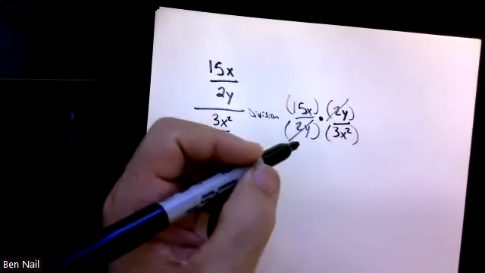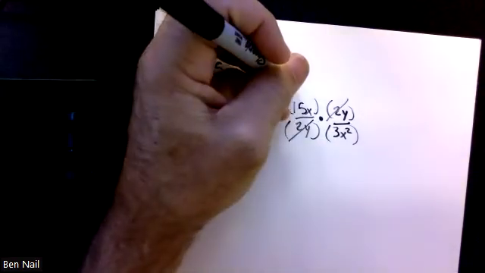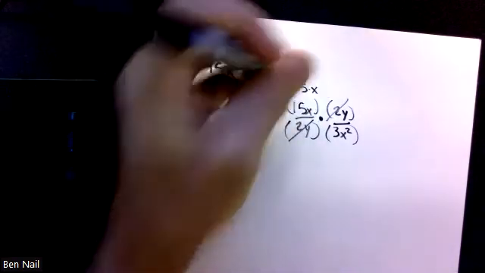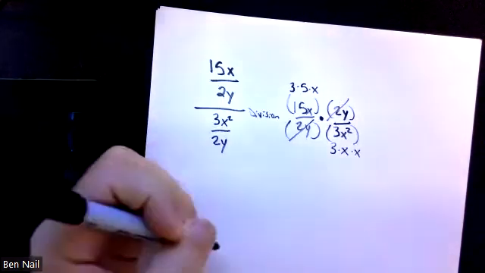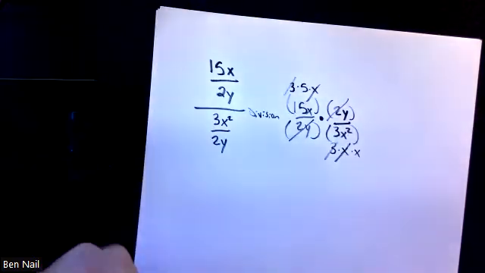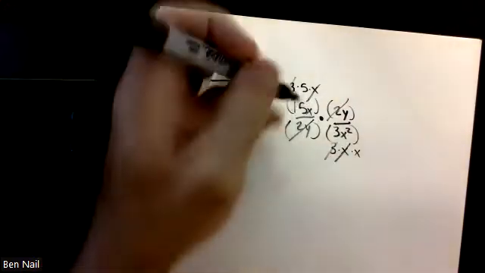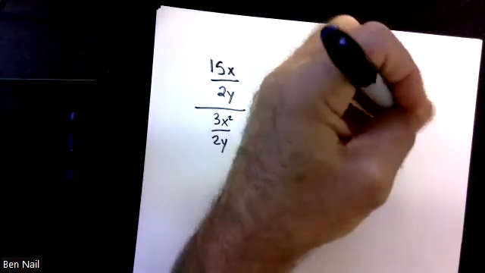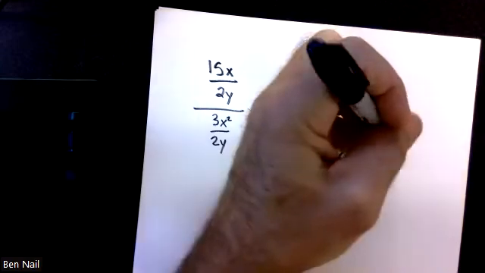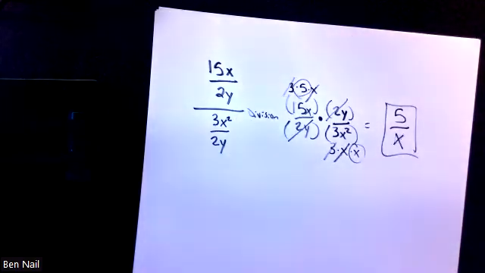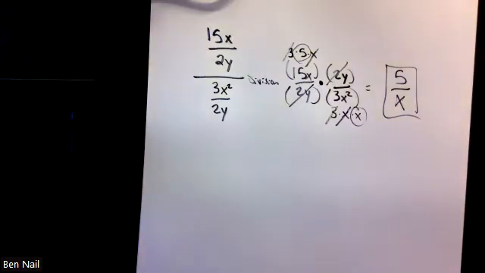And same thing, 15 can be written as 3 times 5 times x. 3x squared is 3 times x times x. So again, common factors. Everything cancels except for that 5 in the numerator and one of those x's in the denominator.